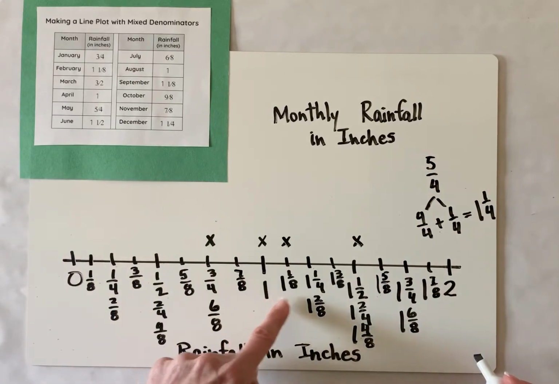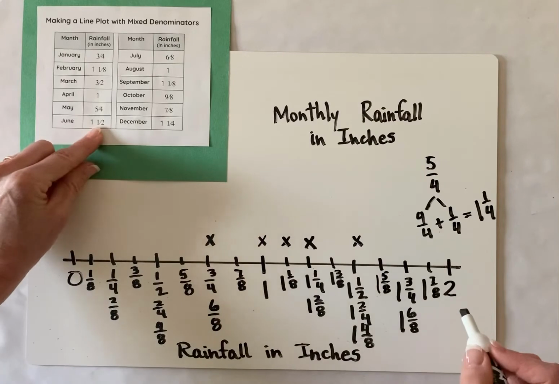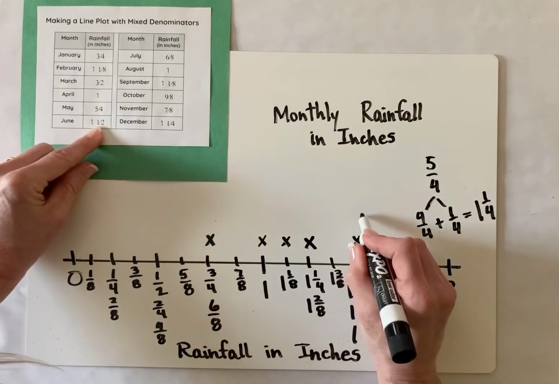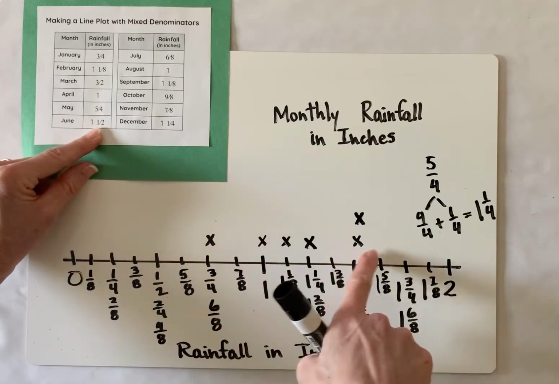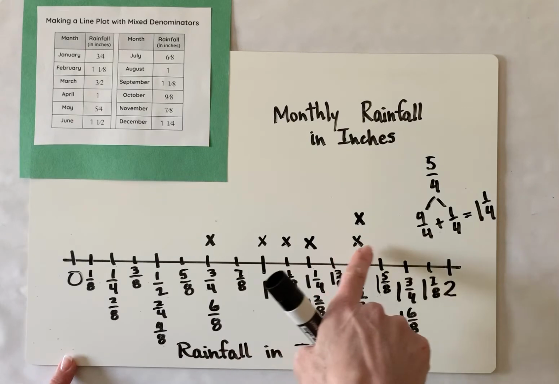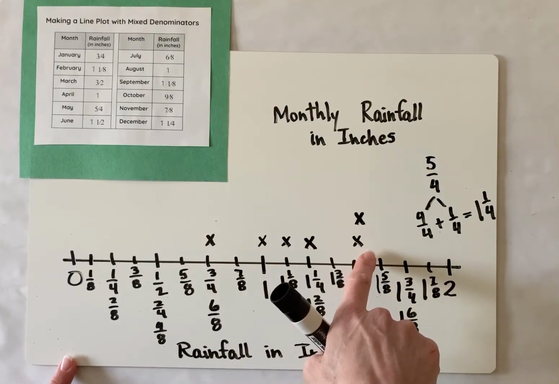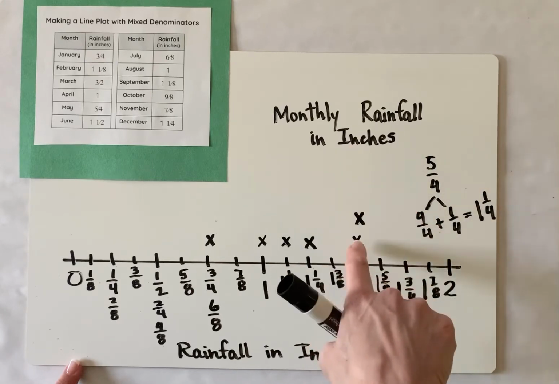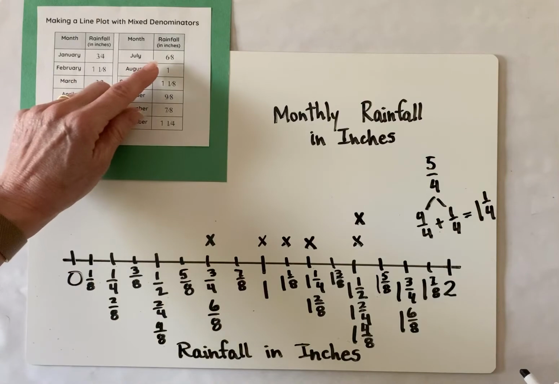So here's 1, here's 1 1/4. 1 1/2, I have a second one, so remember my second X goes up. Notice I'm being very neat. I'm keeping my X's on that same horizontal, so it makes a straight line when you look across. And then as I'm going up, I want to put the same amount of distance going up too for each of my columns.